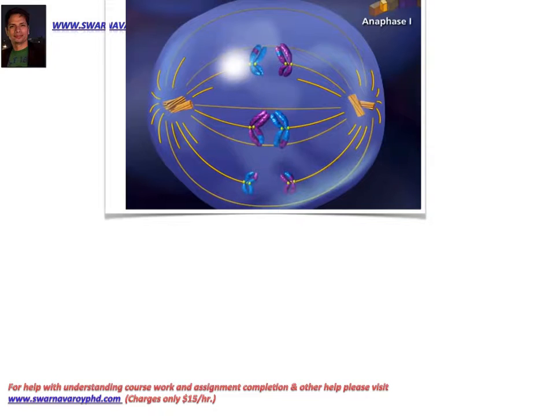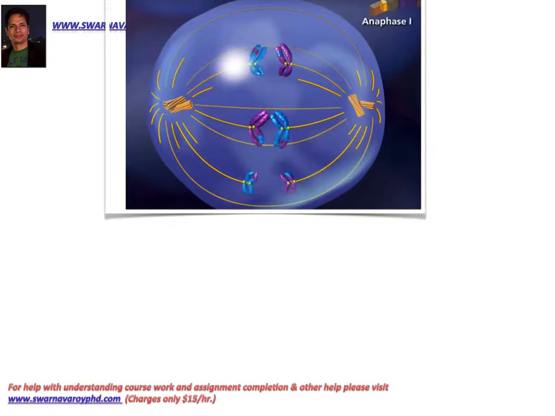As I mentioned before, the entire chromosome, one from the mother and one from the father, moves towards opposite poles. And which side the blue will move and which side the purple is totally random, so that causes another level of genetic variation.